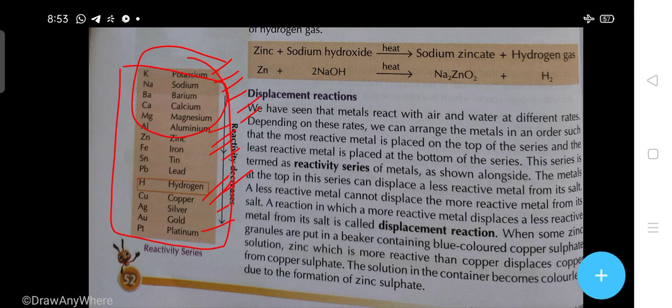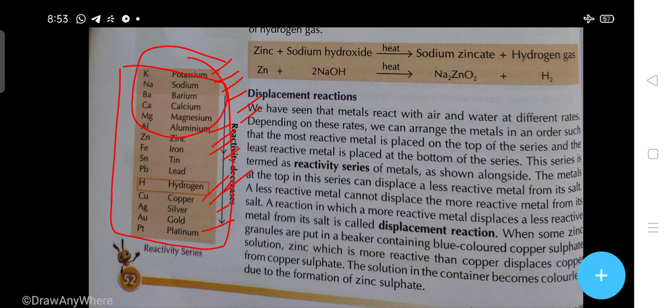We have seen that metals react with air and water at different rates. Depending on these rates, we can arrange the metals in an order such that the most reactive metal is placed at the top of the series and the least reactive metal at the bottom.